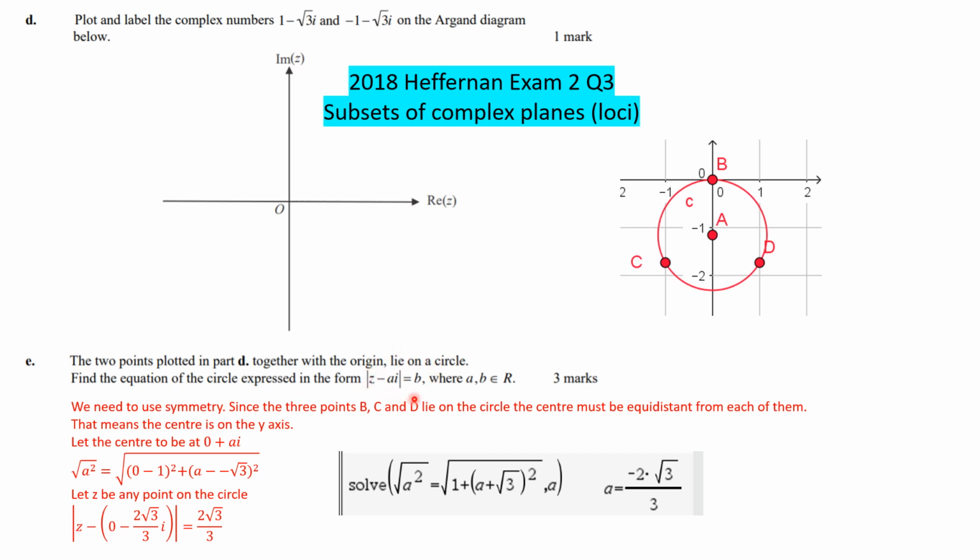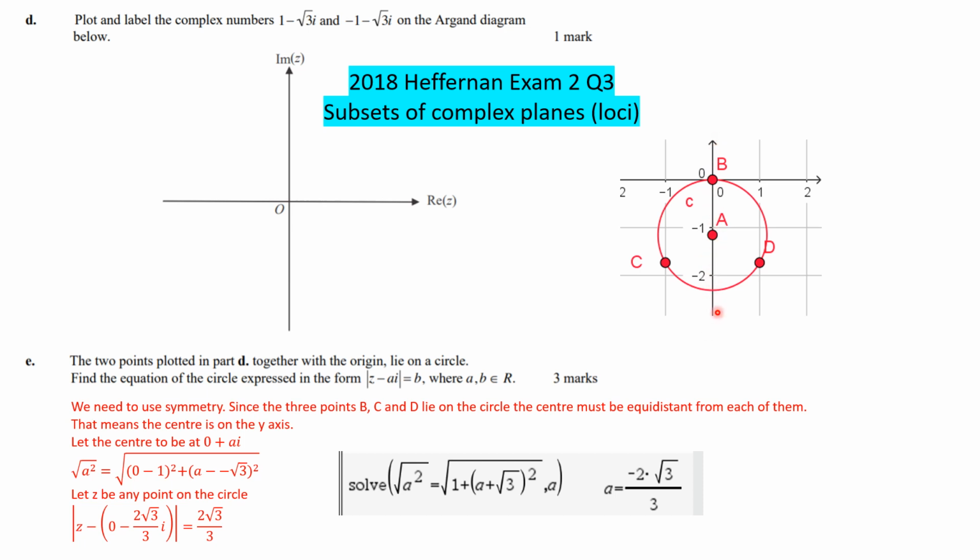And you're asked to basically work out what a and b are. A lot of the time symmetry is useful here. So c and d have the same imaginary parts and they lie on the same circle. So you know that the radius must be along the imaginary axis.